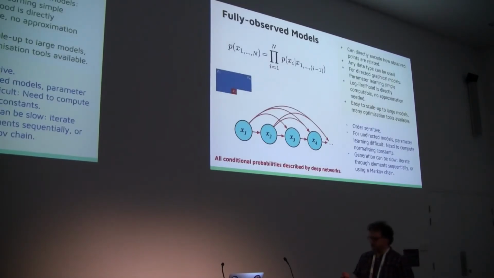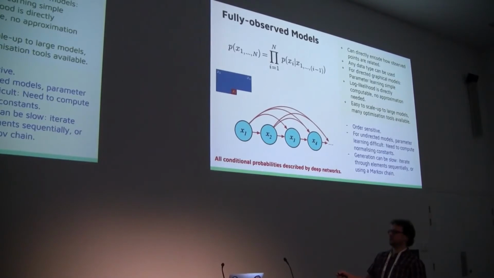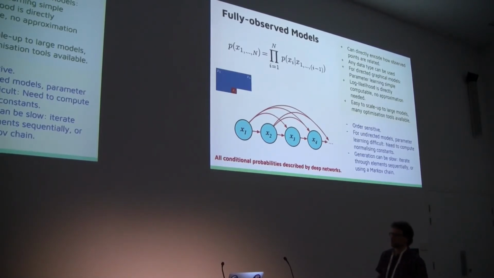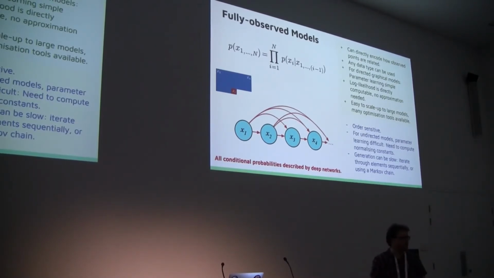Now, one very good example is again PixelRNN, which is a model of exactly this type to generate images, where you start at the top left corner of an image and then go in raster order, generating pixel by pixel. And surprisingly, this is one of the state-of-the-art generative models, in spite of this very odd way of generating images.